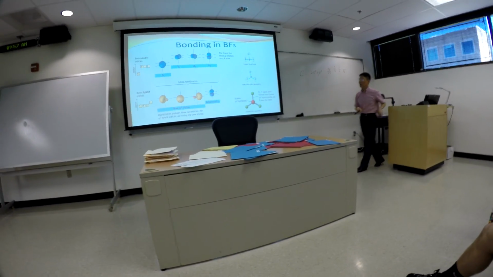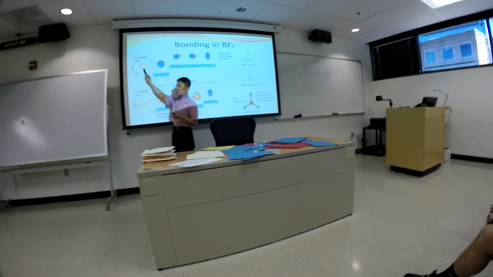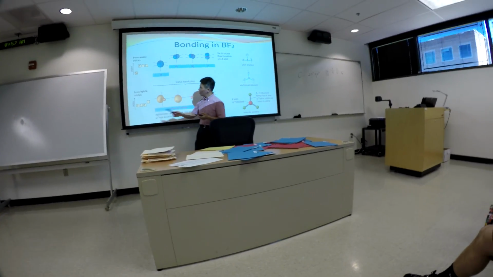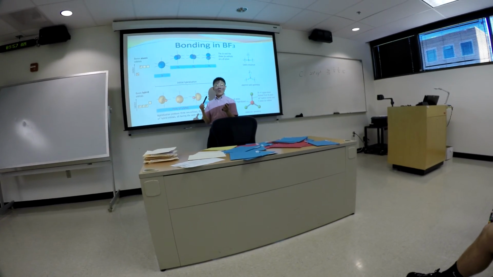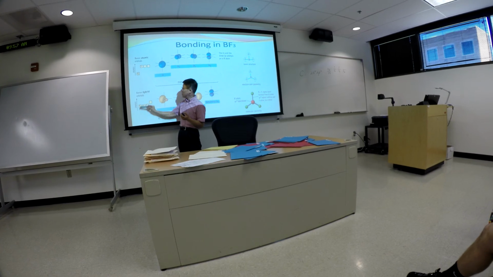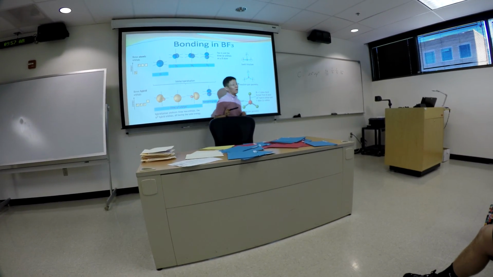So in this case, we take 2 of the 3 p orbitals available, mix them with the s orbital. We end up with a new set of sp2 hybrid orbitals. The sp2, you take 2 of the p orbitals and the s, and you have a set of 3 orbitals there.